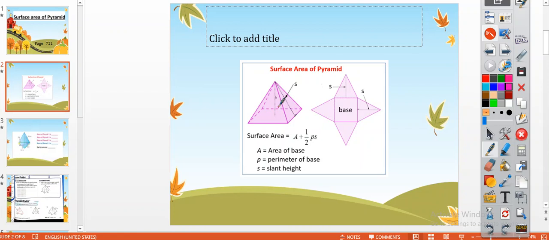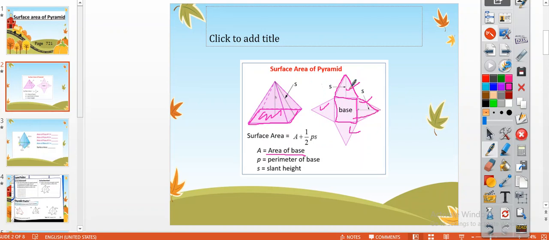two kinds of pyramids. The square pyramid, which has a square base here, and this square pyramid has a net which looks like this one: a square base and four triangles. So when you find the surface area, you will find the area of the base. Then you will find the area of each triangle.